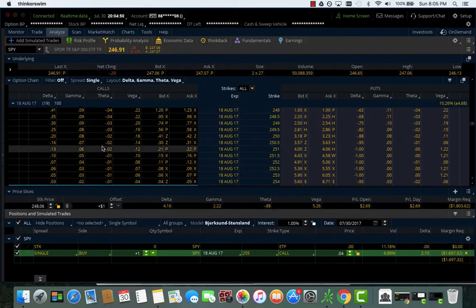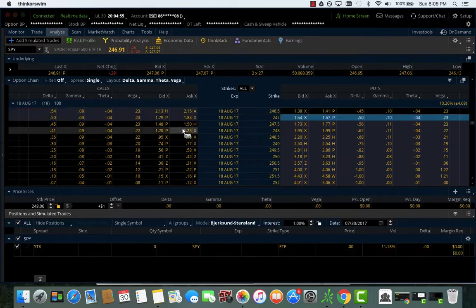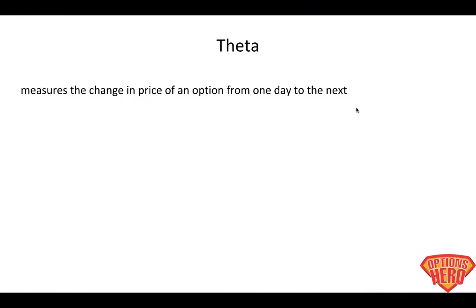But as we get closer to the at the money strikes, like this 248 strike, we expect 4 cents to get removed from this option every single day. So again, theta is the amount of money that's extracted from every single option every single day. Every single option has it, and the closer we get to the money, the greater the theta component is.